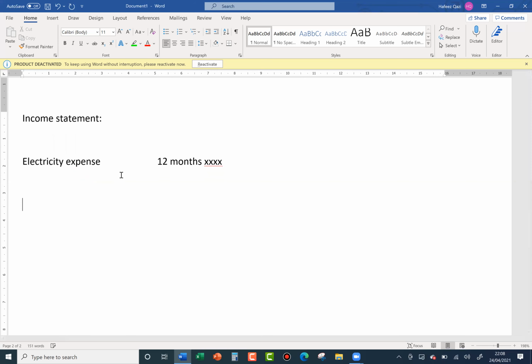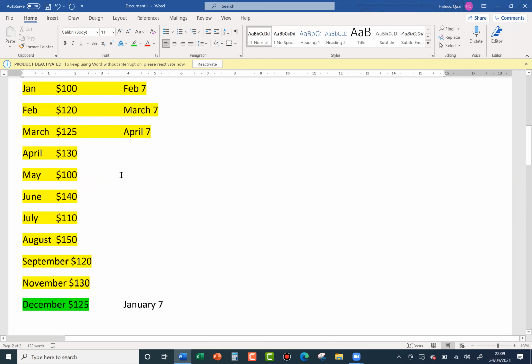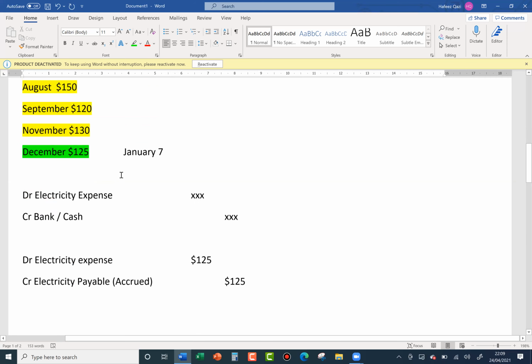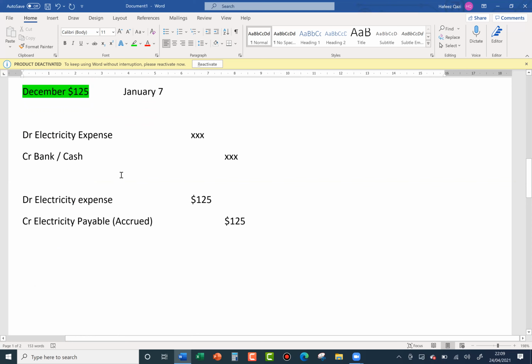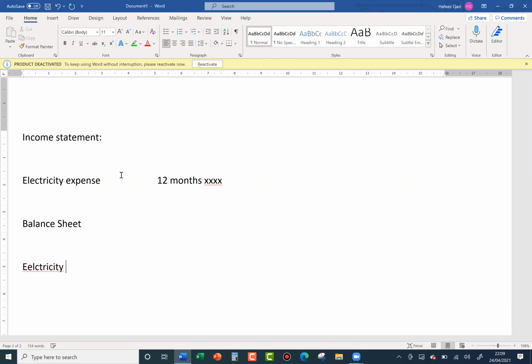And what about balance sheet? When we will prepare balance sheet, what will be recorded in the balance sheet? Now remember, from January to December, we have paid electricity for 11 months. Only December is outstanding, unpaid. So December bill was 125. So here we will record in the balance sheet as electricity payable.